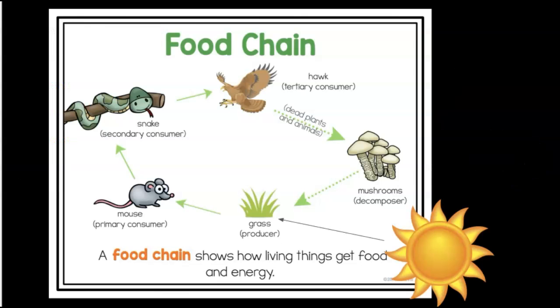So here's an example of a food chain, again starting with sun as the primary source of all energy. The arrows on this food chain show the energy flowing to this one. So the sun gives energy to the grass. The grass, when it's eaten, gives energy to the mouse. Mouse's energy goes to the snake. This gives energy to the hawk. And then we have these dotted lines, which shows an area called decomposers.